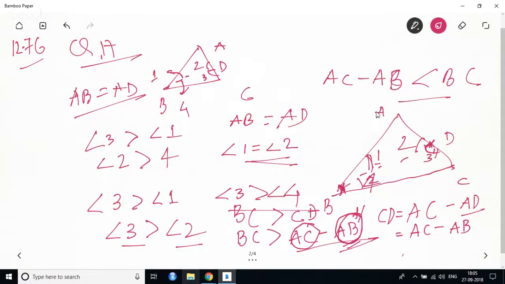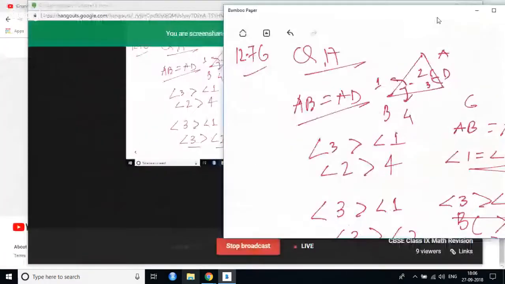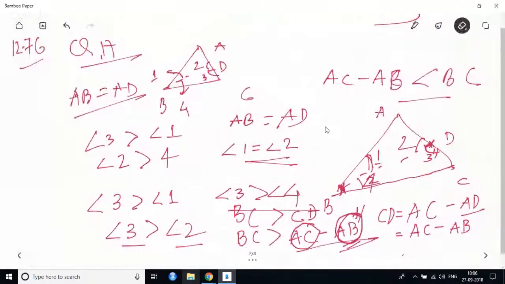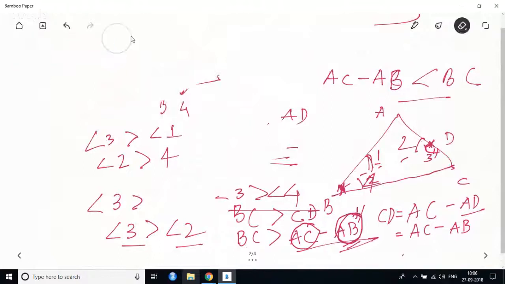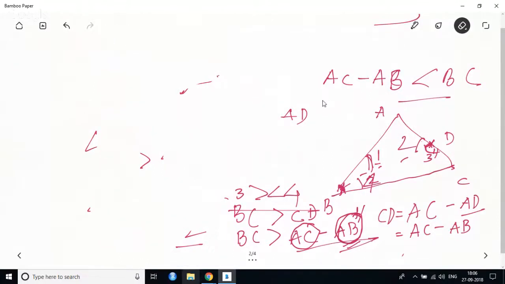So now let me move to a question on page 12.77. And then one more question and then I'll wrap up the class.